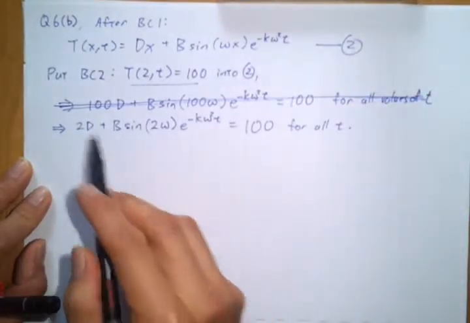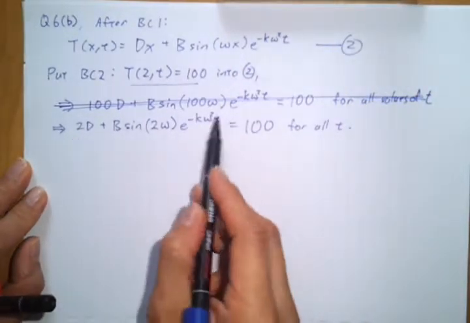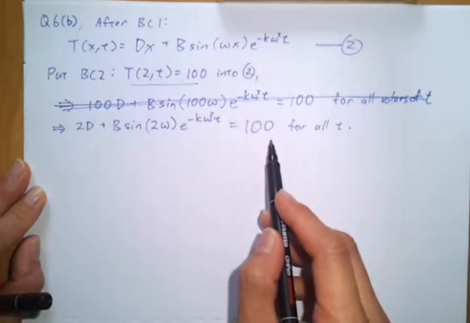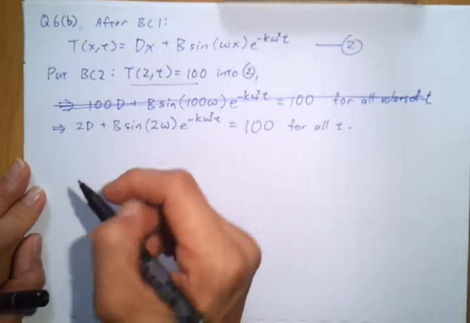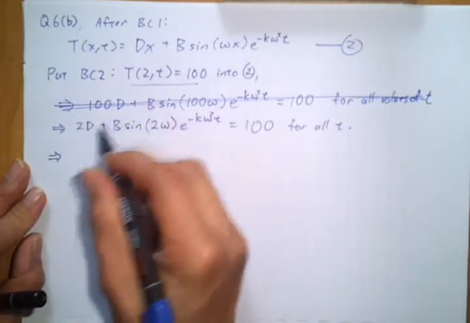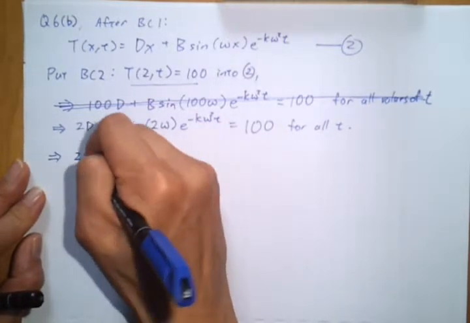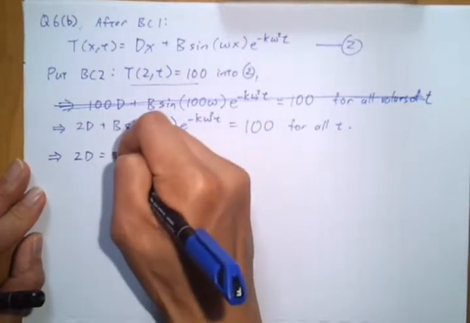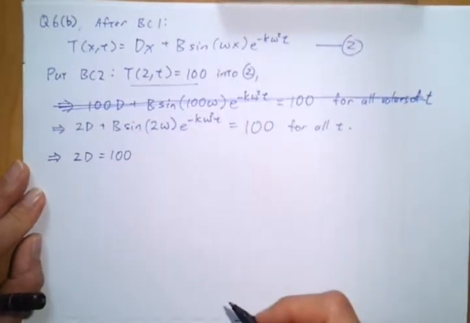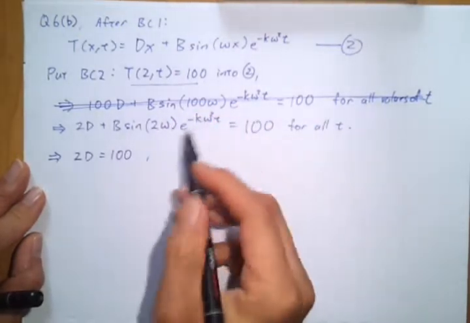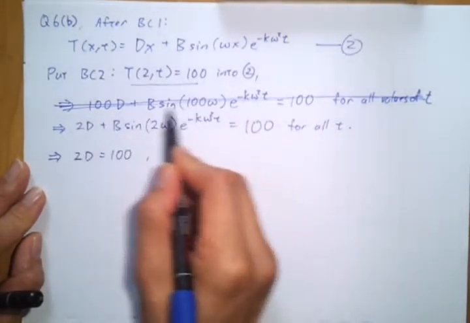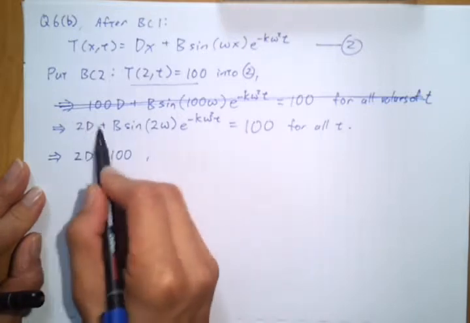Okay, so how do I get the left hand side to be equal to 100 regardless of the value of t here? You can see that this means my 2d must be the one that gives me the 100. At the same time this term must be 0, because this already gives me the 100.